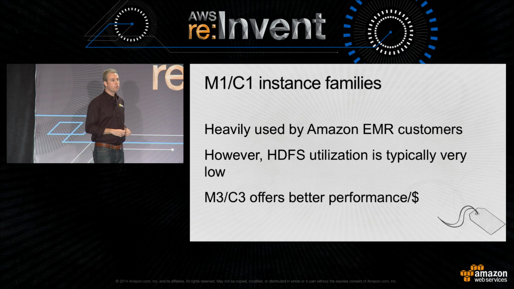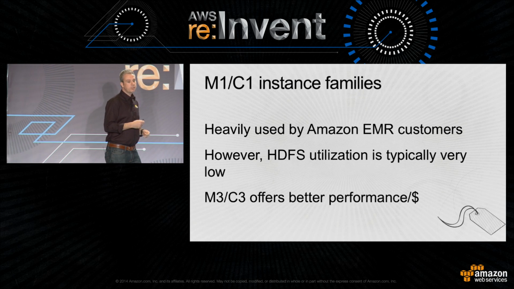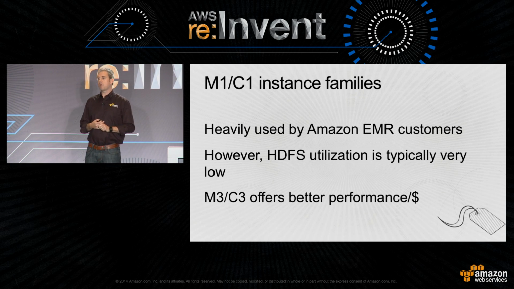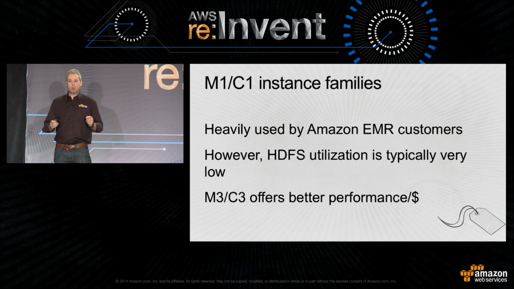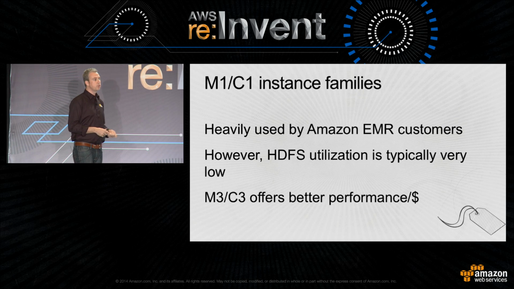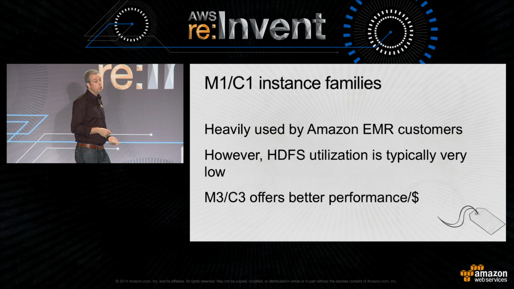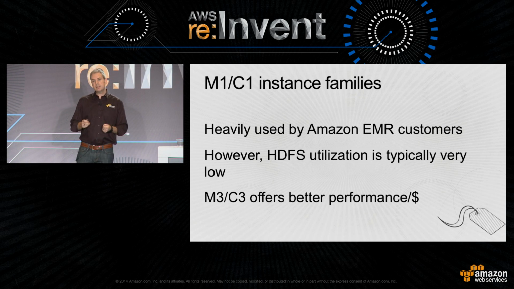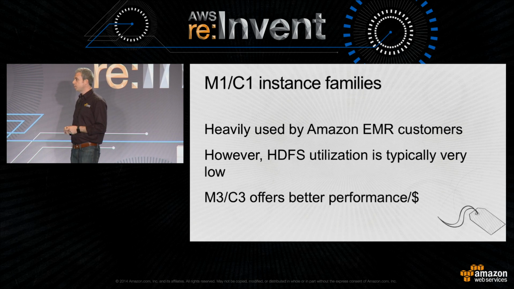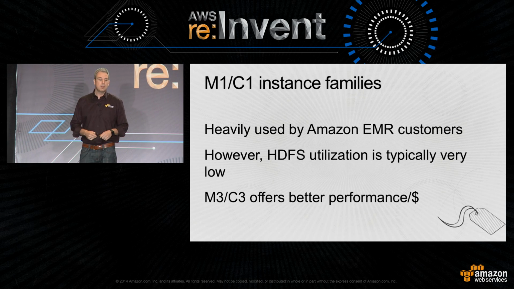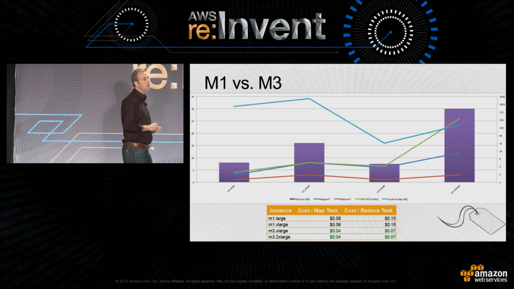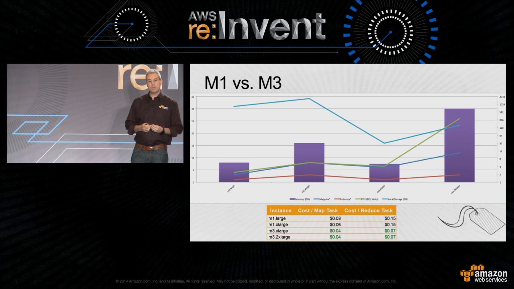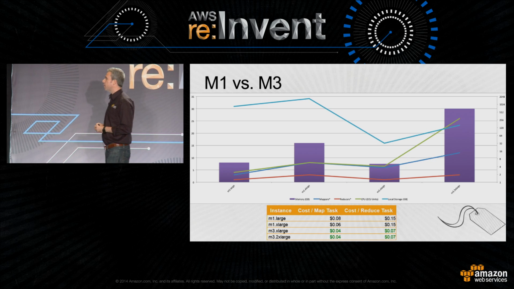So an observation we've taken is that M1 and C1 is very heavily used across Elastic MapReduce. But on those clusters, the HDFS utilization tends to be extremely low. And in that case, it is much better for you to use M3, C3, because we get a better performance per task per dollar from the C3 and M3 families.